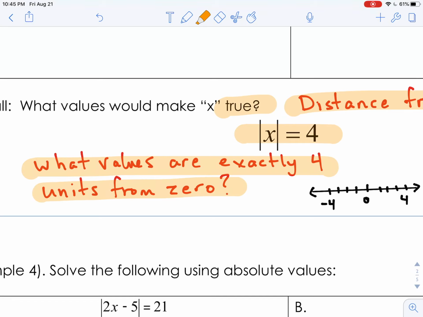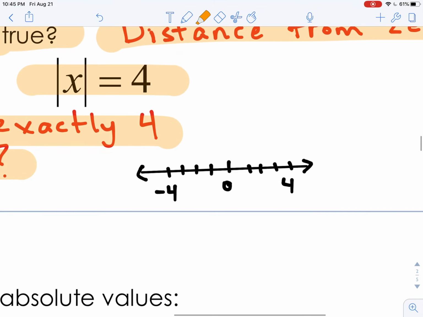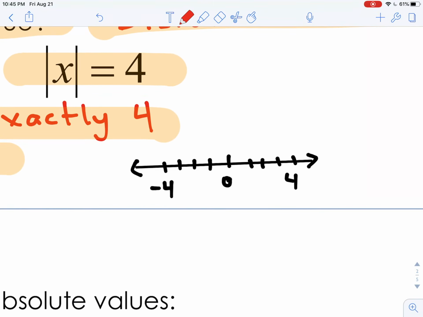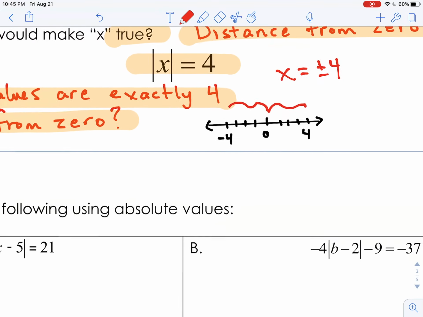Absolute value is just how far is distance from 0. On the number line, you can go 4 to the right, you can go 4 to the left. And we have 2 answers. The answers are going to be x equals plus and minus 4. Those are 4 units from 0.